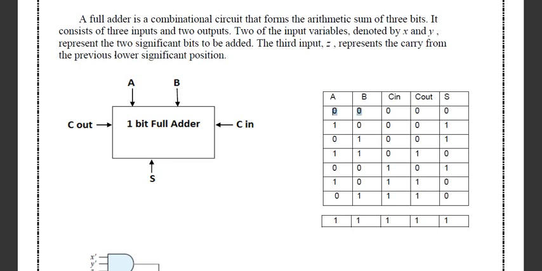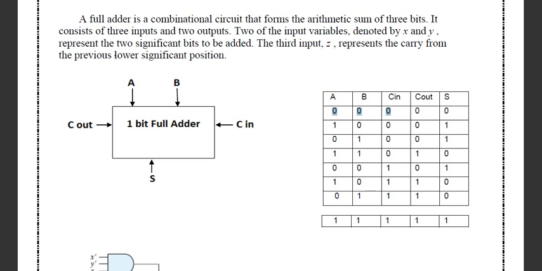Here we have 0, 0, 0. And then we have 1, 0, 0. Then 0, 1, 0. Then 1, 1, 0. And then 0, 0, 1. Then 1, 0, 1. And then 0, 1, 1. Then 1, 1, 1.